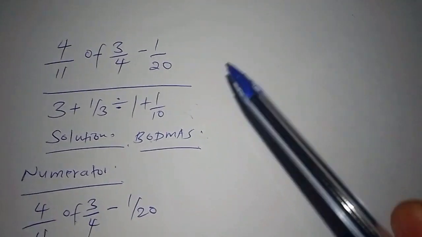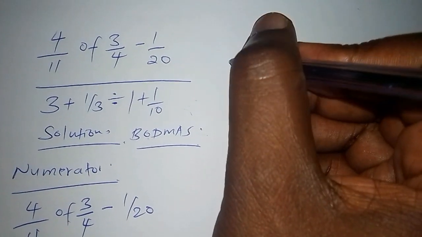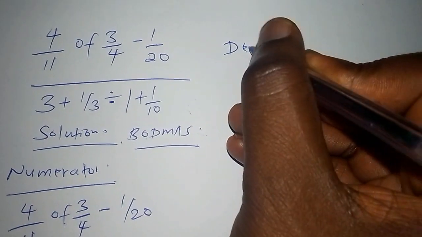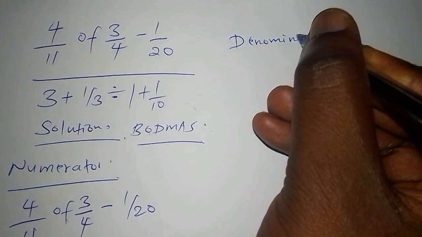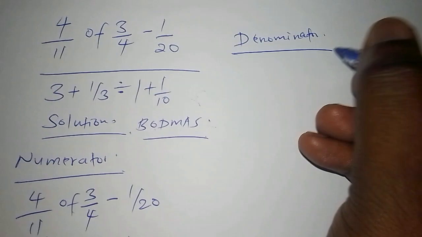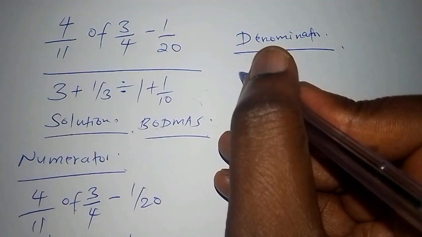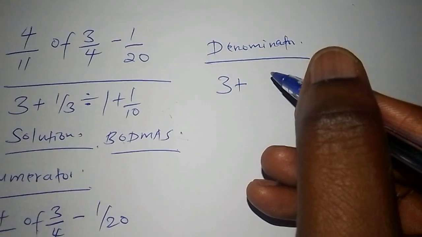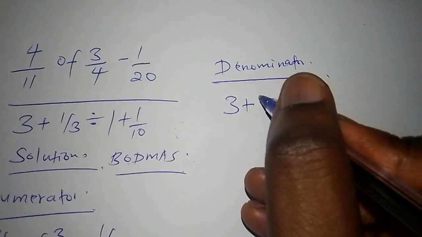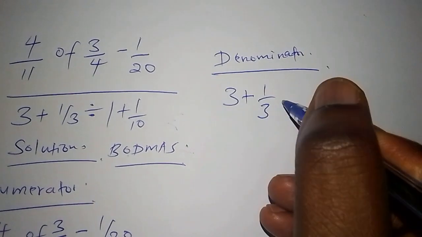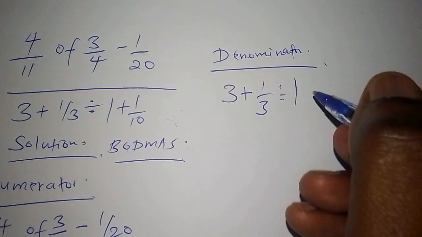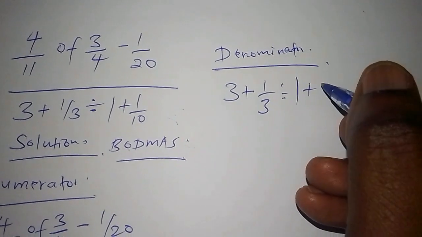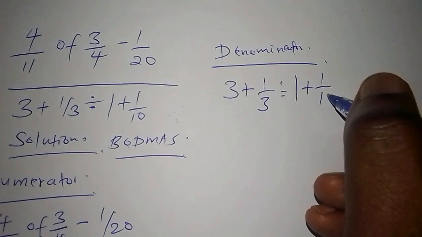So allow me to write the denominator, as we are working it out. We have 3 whole add 1 third, divide by 1 whole add 1 out of 10.